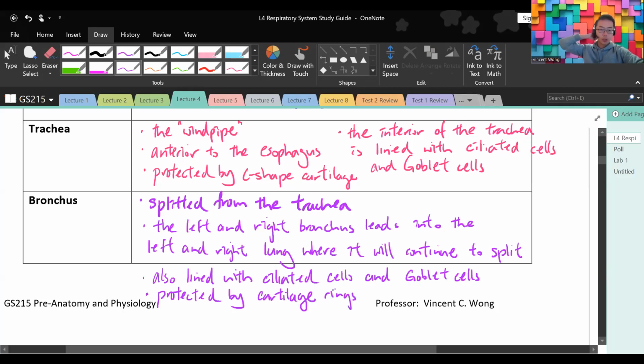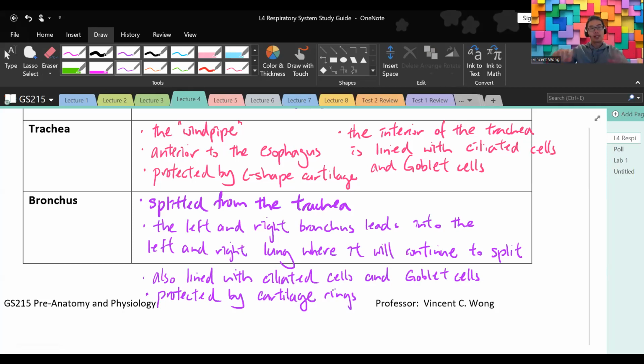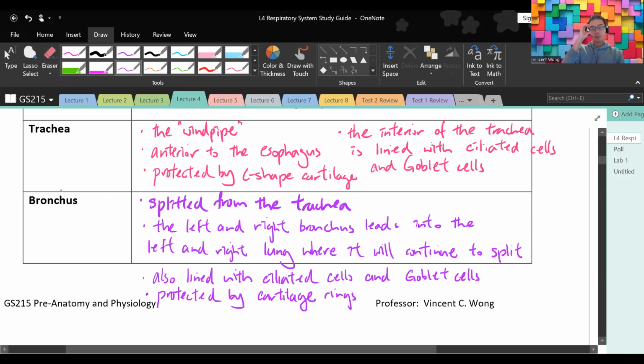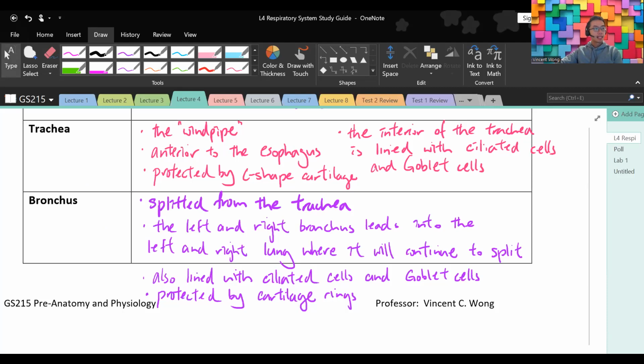So no longer are the rings C-shaped. It's like a full ring now, because there's nothing behind the bronchus, right? Behind the trachea is the esophagus, so you don't want to constrict the esophagus. That's why the cartilage is just like a C shape rather than a full ring. But there's nothing behind the bronchus. That's why we can have the full ring. All right. That is that. That's the bronchus.